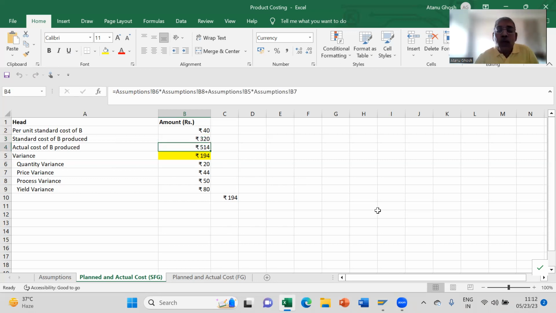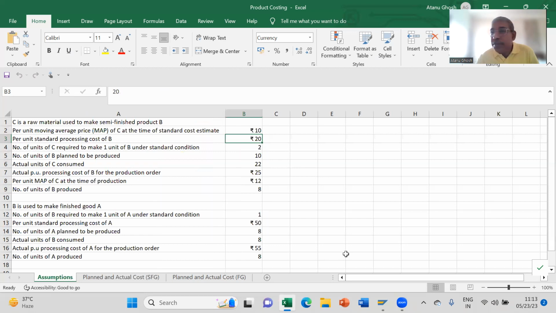Now let us understand what is the actual cost of these 8 units of B produced. In order to find out the actual cost, again, actual cost will consist of 2 parts: the material cost, which is the cost of C consumed, and the processing cost. Now, what is the cost of C consumed?